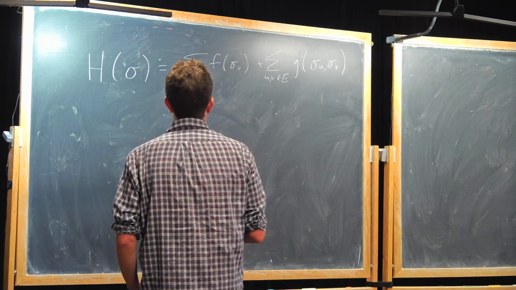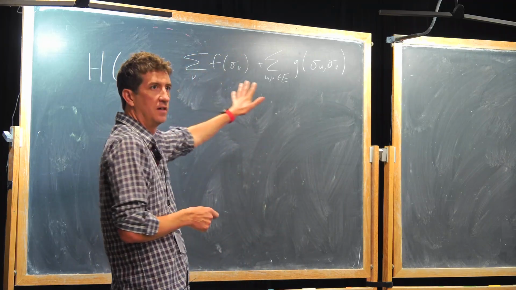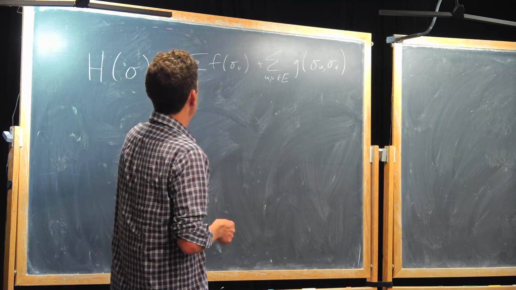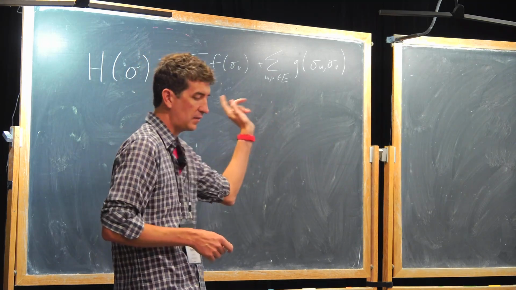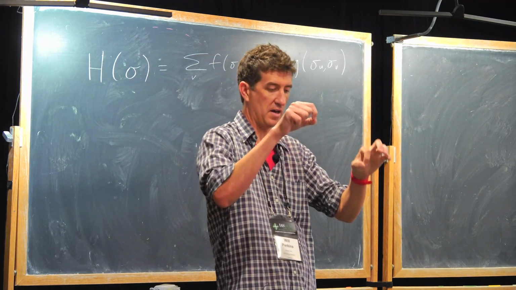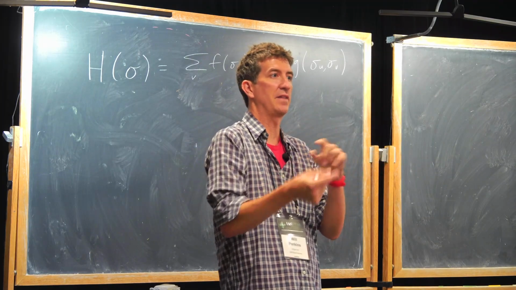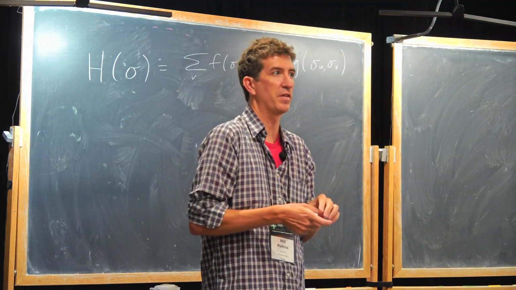I'll say that this is not the only type of Gibbs measure we'll think about in this course. So far I've defined things where the spins live on vertices. You could also have spins living on edges instead of vertices. That's perfectly fine.